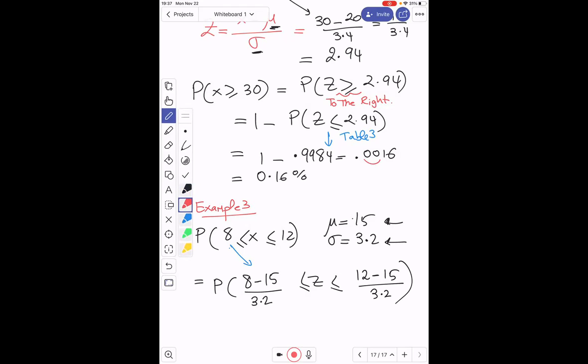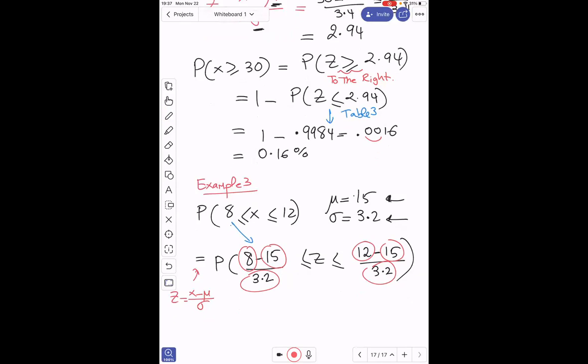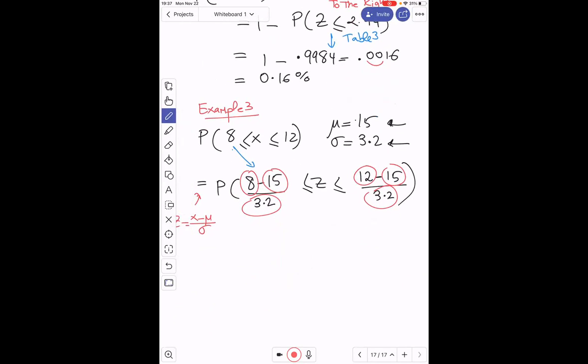The formula I'm using here is that z is x minus mu over sigma. So here it's 8 minus 15, that's -7 over 3.2, less or equal to z, less or equal to 12 minus 15, that's -3 over 3.2.